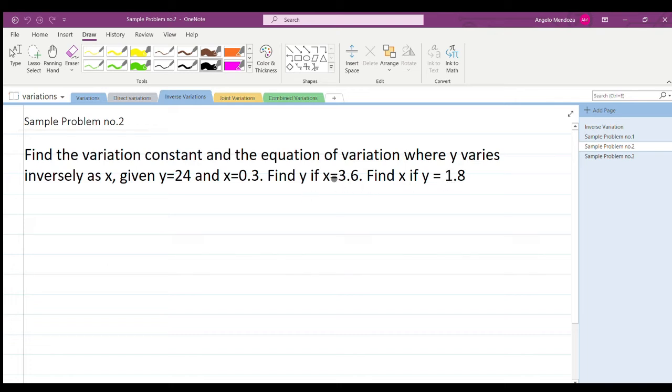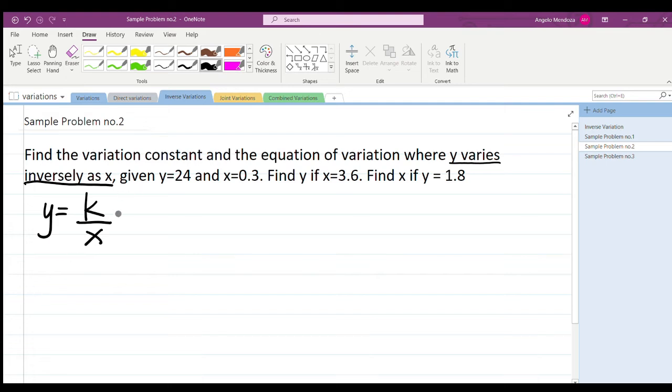So we are actually looking for two different problems here. But first, let us have the equation. You have y varies inversely as x. If we translate it, that's y equals k over x.